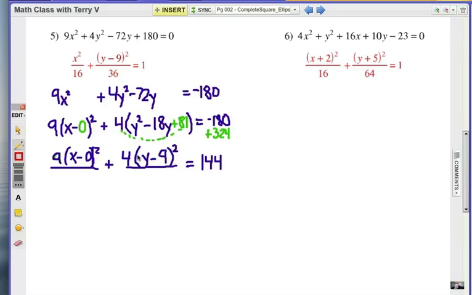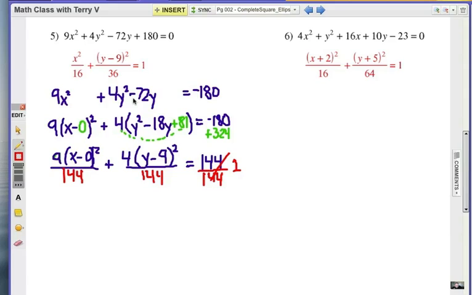Factoring out my trinomials here would give me x minus 0 quantity squared, y minus 9 quantity squared. Now, of course, I want to have a 1 on the right, so I'm going to divide both sides by 144. And then let's look for some common factors to cancel out. Obviously, that is going to be a 1.